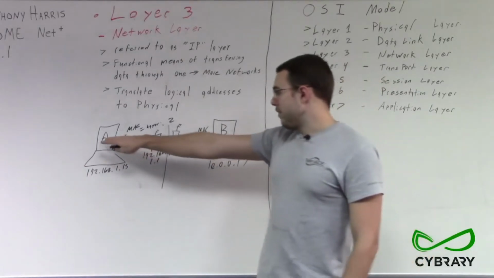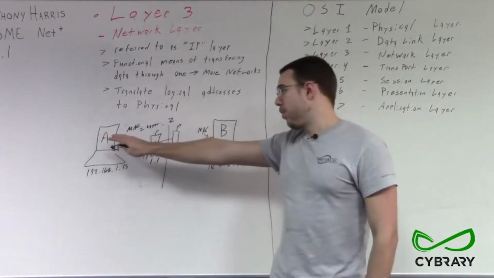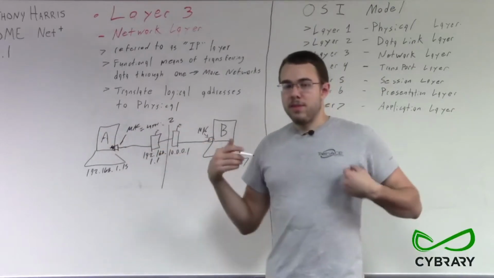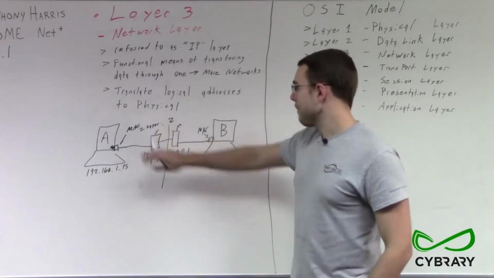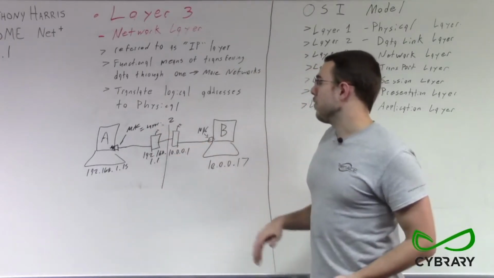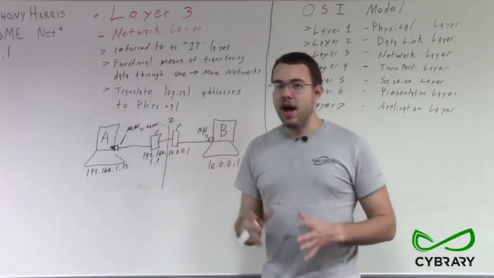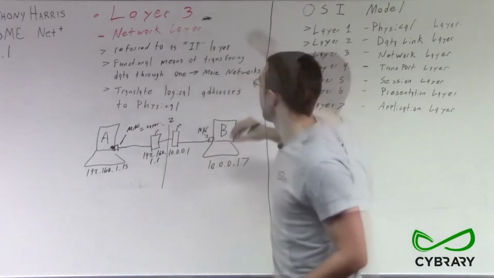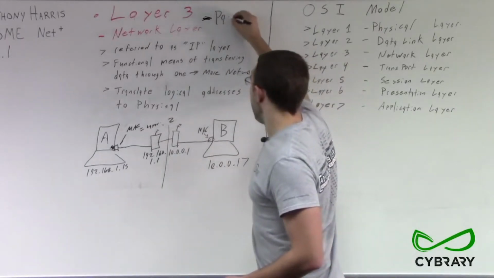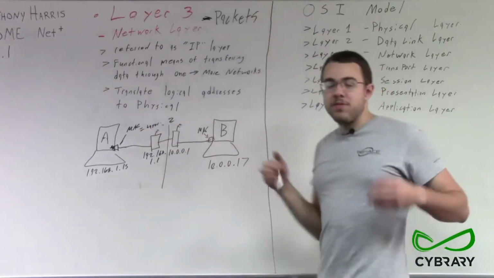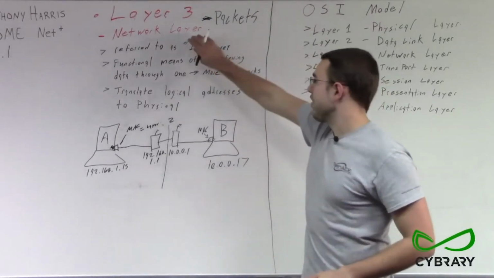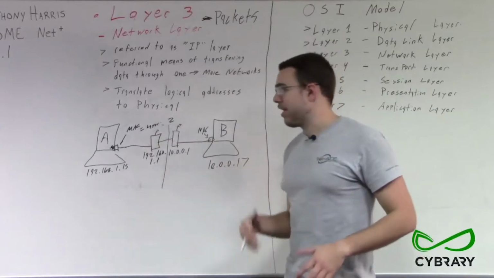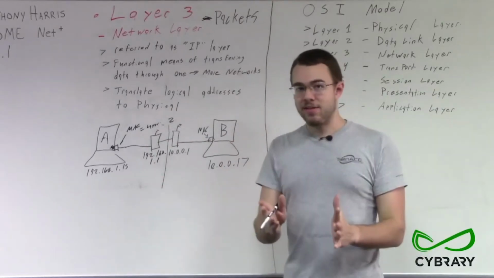So we have our data that we took and we made into bits. We then took those bits and we made them into frames on our layer 2. So what do we have now? We need to package that data up so we can send it across our network. Our layer 3, we're going to have packets. So we've now taken that data, we've taken those frames, we've started to network them, we've given it IP addresses, and we now have packets.